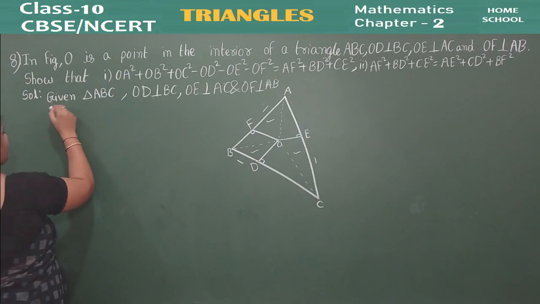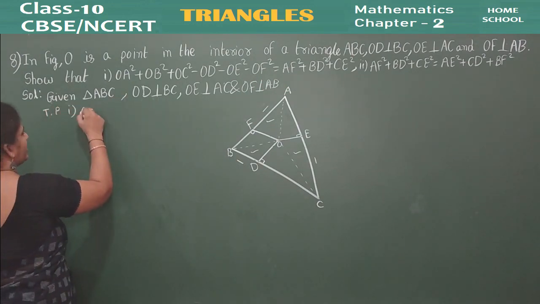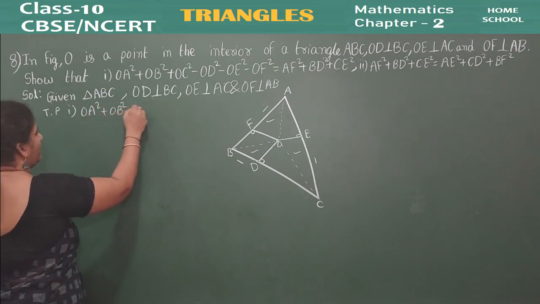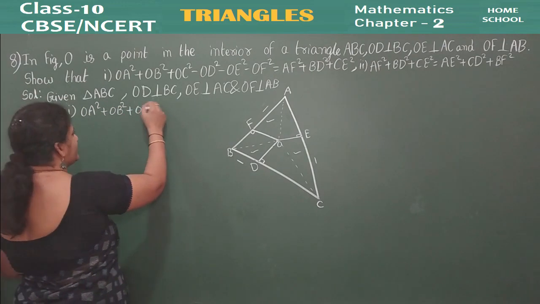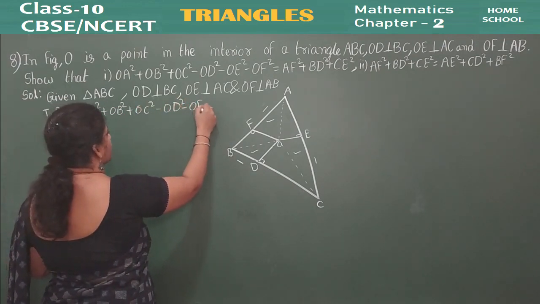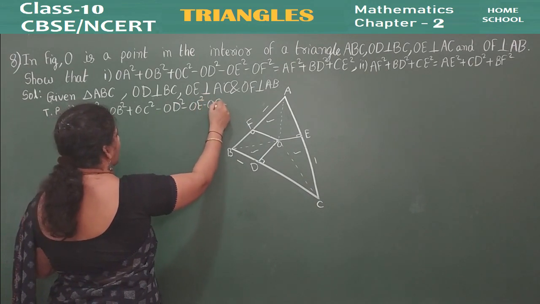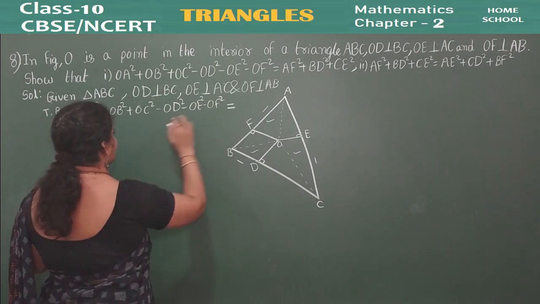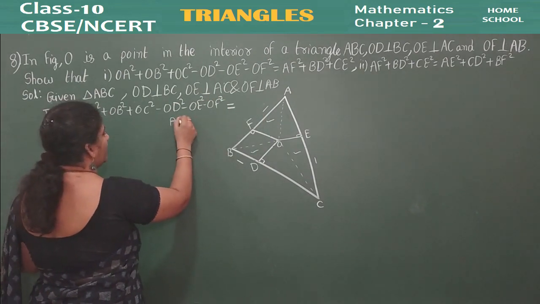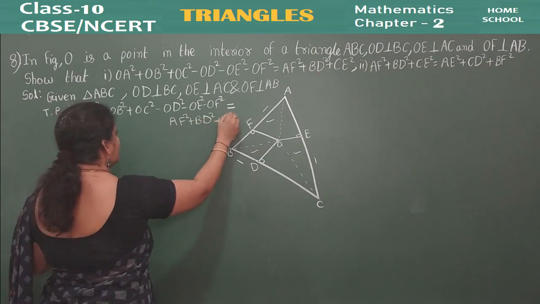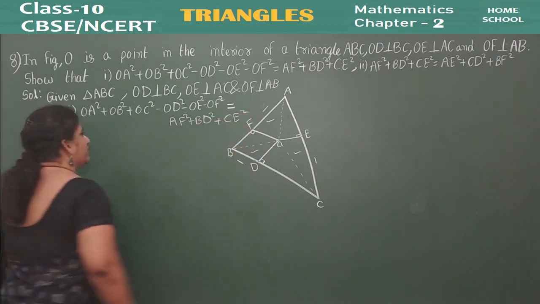So consider your first question to prove. Write the first sub question here: OA square plus OB square plus OC square minus OD square minus OE square minus OF square is equal to AF square plus BD square plus CE square. Observe carefully.